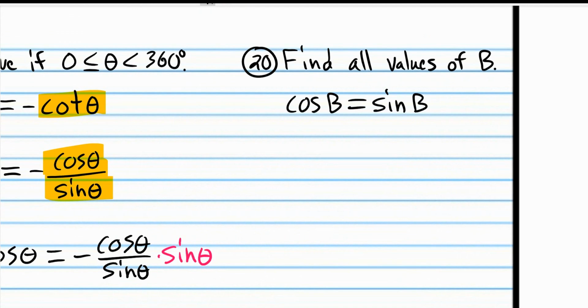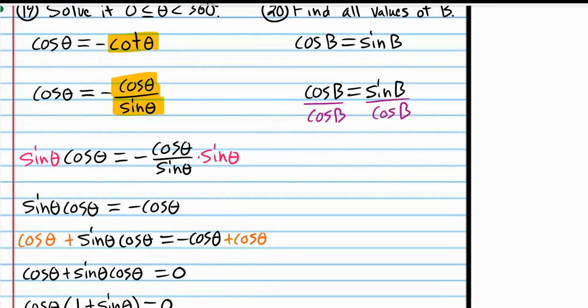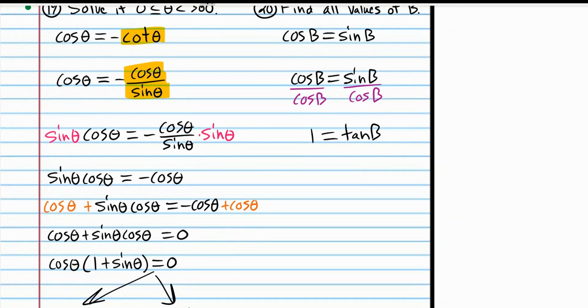So again, it may not be exactly obvious what to do, and if you got stuck, that's okay. We're going to divide both sides of this equation by cosine b. And I have to remind you that there's actually more than one way to solve this equation, so if you tried a different method, that method might work.